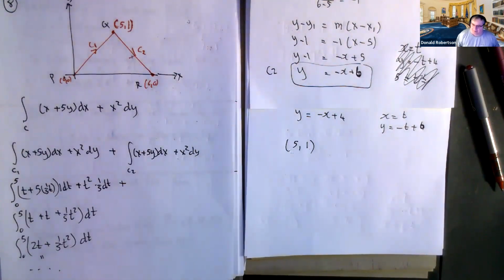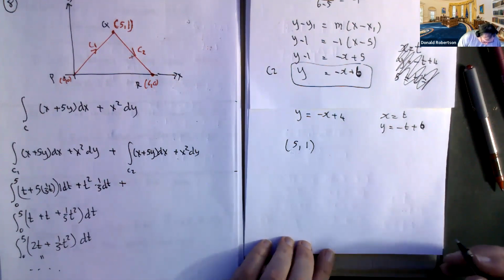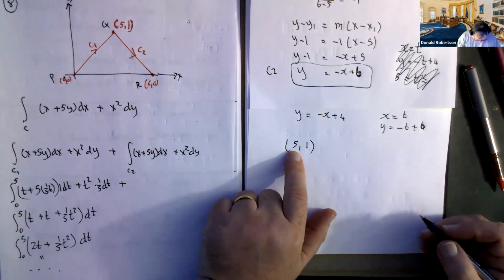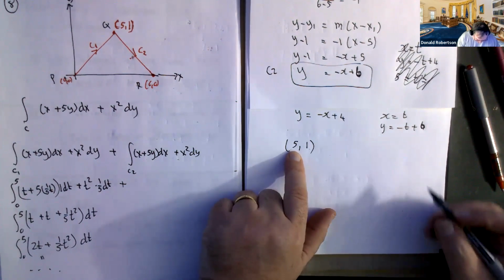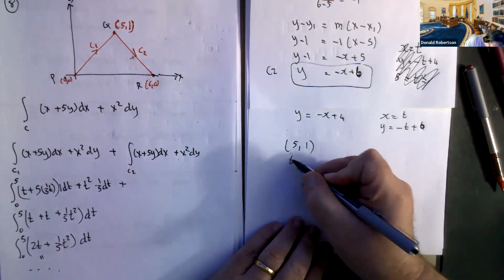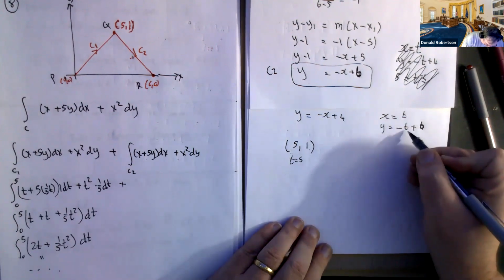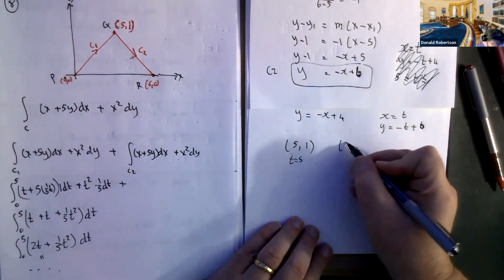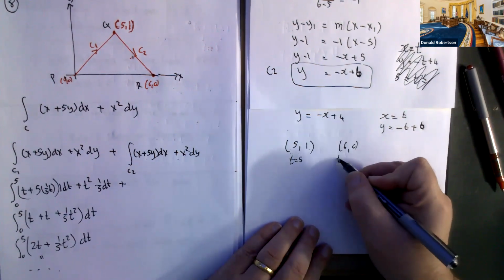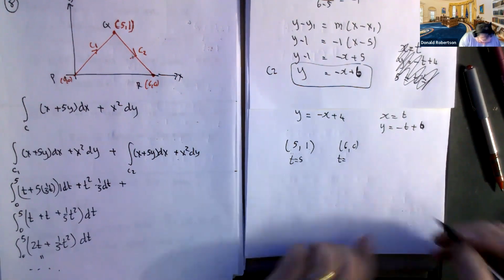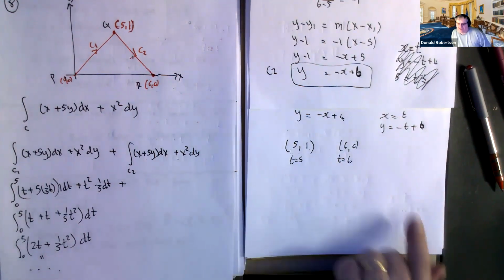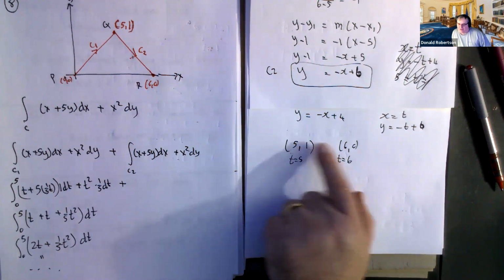Okay, now I'm happy. Negative x add 6, t and negative t add 6. If you want to get this guy here, make t 5 and you'll get (5, 1). To get this point here, won't you make t equals 6? Ah, perfect, it's a match.